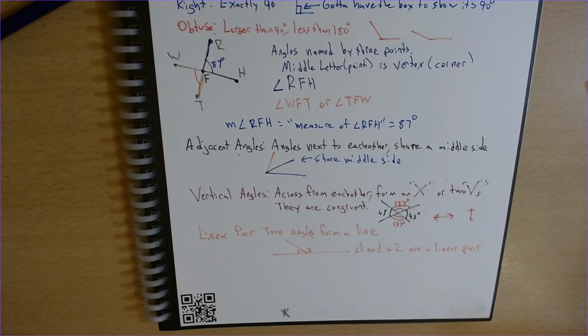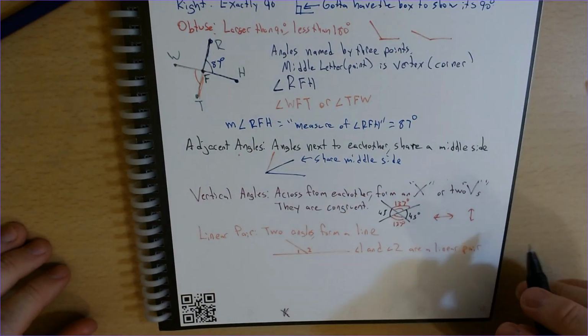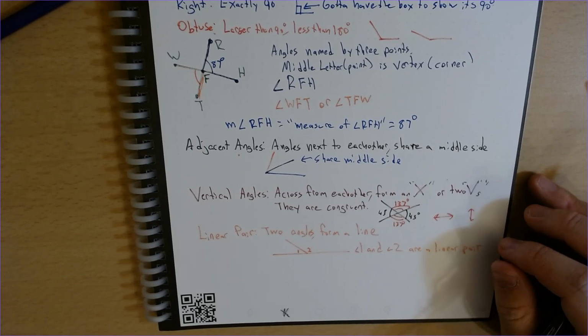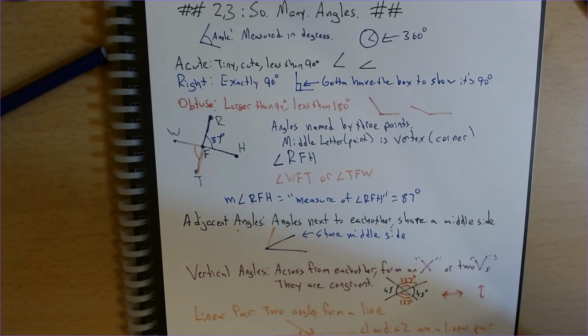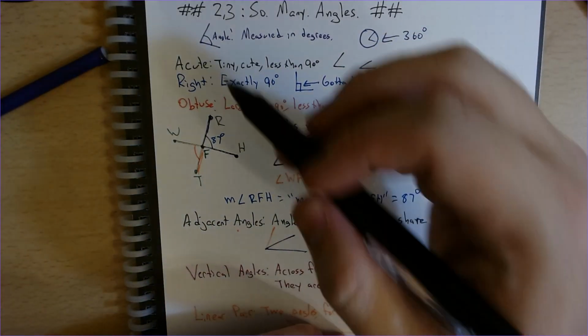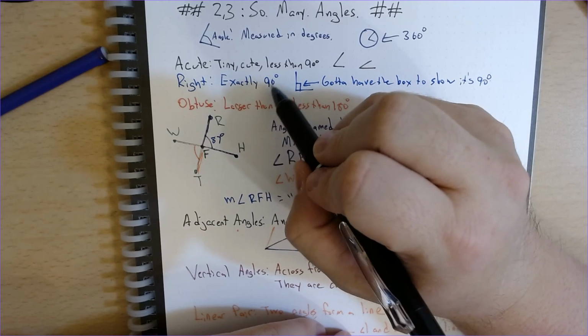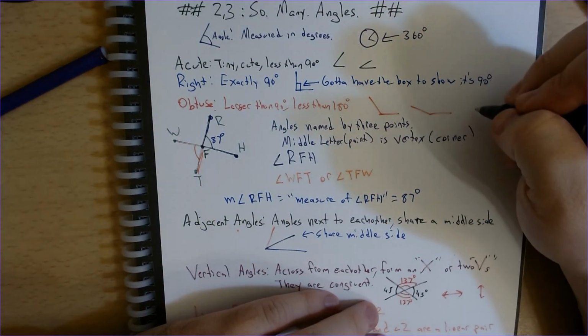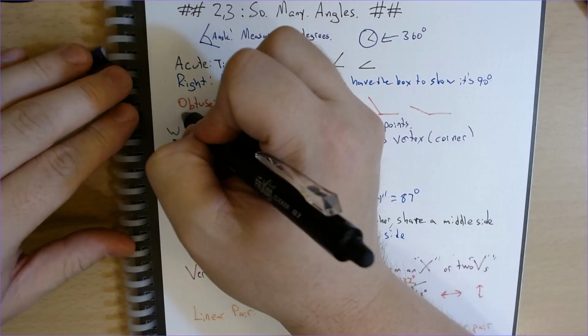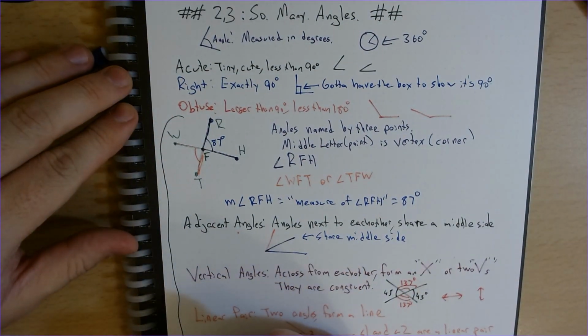Which, interestingly enough, I forgot to give you a vocab word. I just realized, because this is going to confuse people if they look at this later. Less than 90, exactly 90, larger than 90, less than 180. I forgot to say what comes after that. I'll just do this.